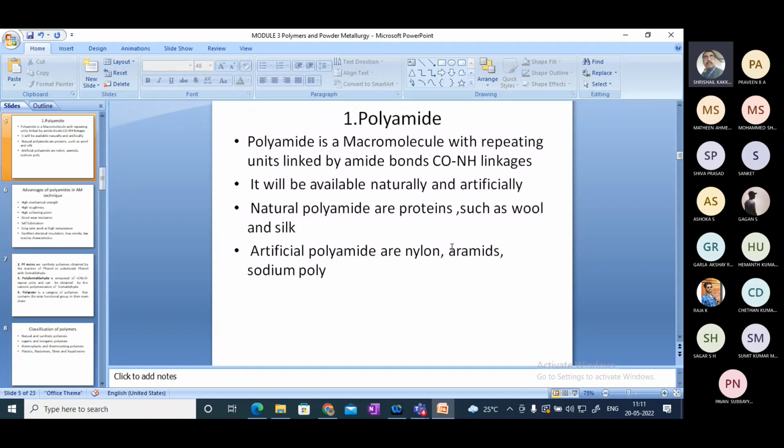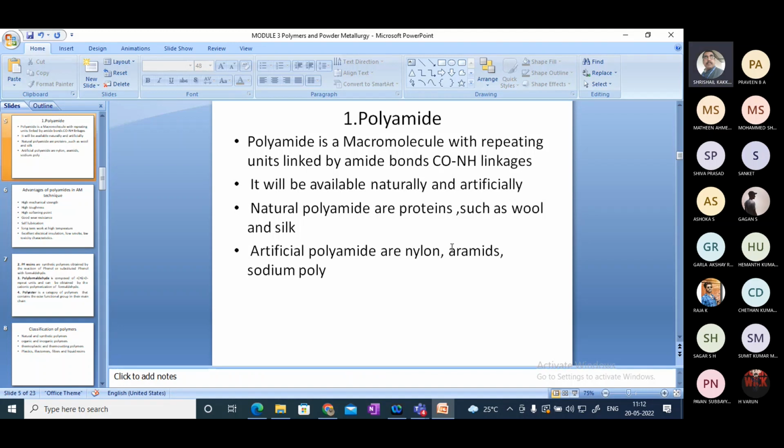The natural polyamides are wool and silk, and artificial polymers are nylon and aramid. I don't want you to understand the chemical reaction of these and how they will be produced. How they can be used in additive manufacturing is very important, rather than understanding the basics of all this.